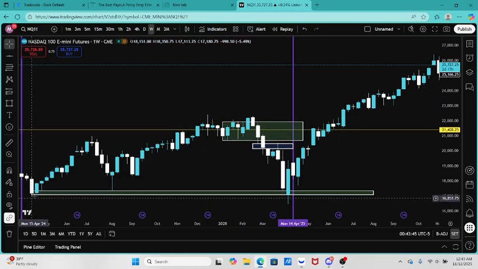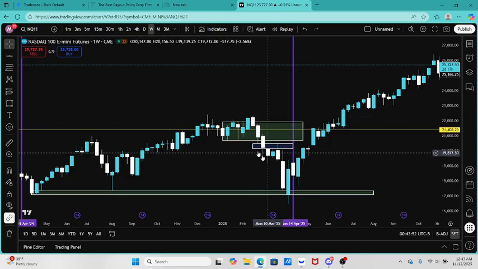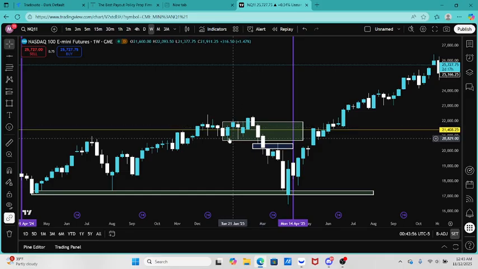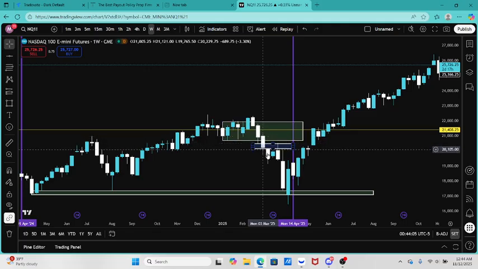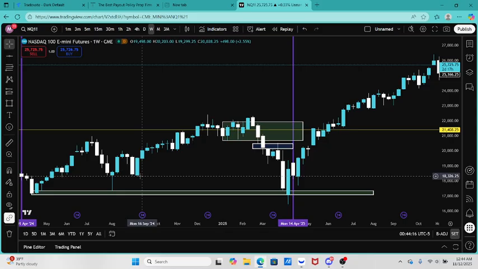All right, so we have our level right here where price would like to go to. When you see something like this, especially on a weekly chart, and an order block is not holding up price, and it's closing below it, and then trades below it, and then comes back up into a fair value gap, and then rejects, and then we have clear levels like this low and this low and this low that have not been touched yet.